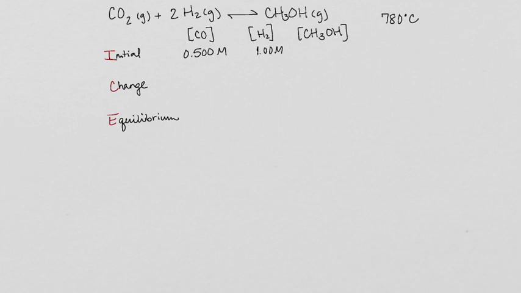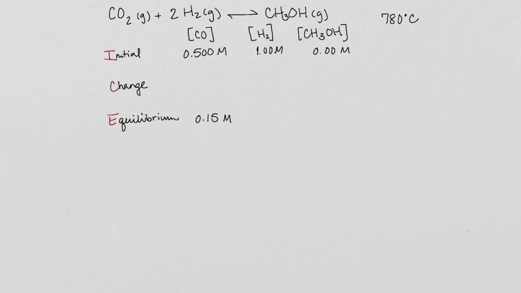And at equilibrium, we know that the concentration of carbon monoxide is 0.15 molar. So now, with this information, we actually have enough information to solve for the equilibrium expression. So let's go ahead and do that.